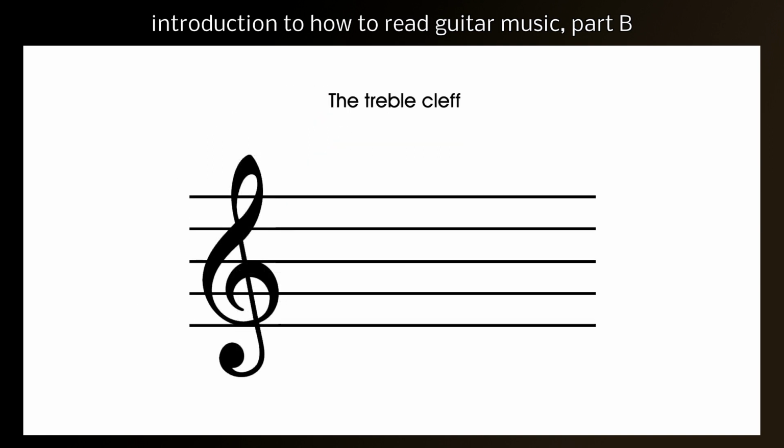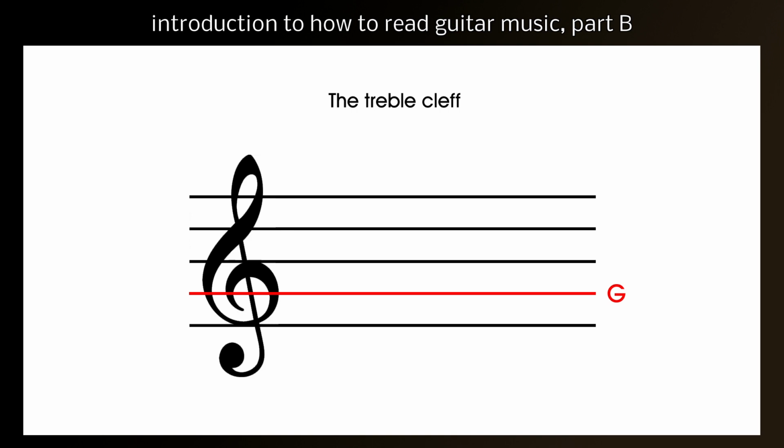Right, because we'll be using the treble clef, let's take a closer look at it. The treble clef is sometimes called the G clef, and that's because this is the note it's based around. You'll see the big curl at the bottom centres on the G. If you had to, you could work out all the other note names from that G line.